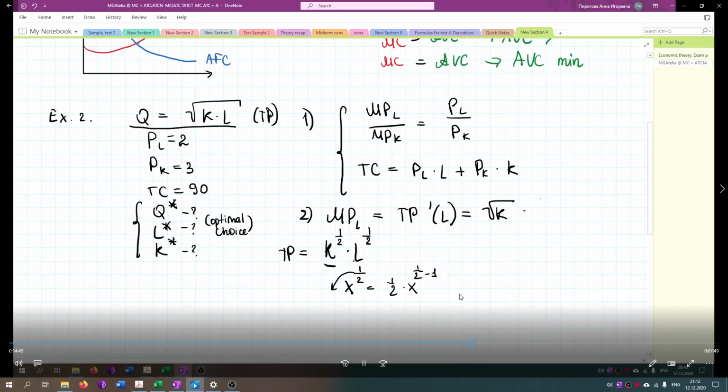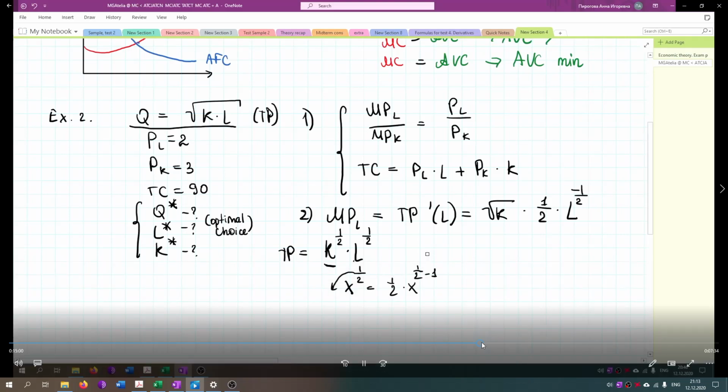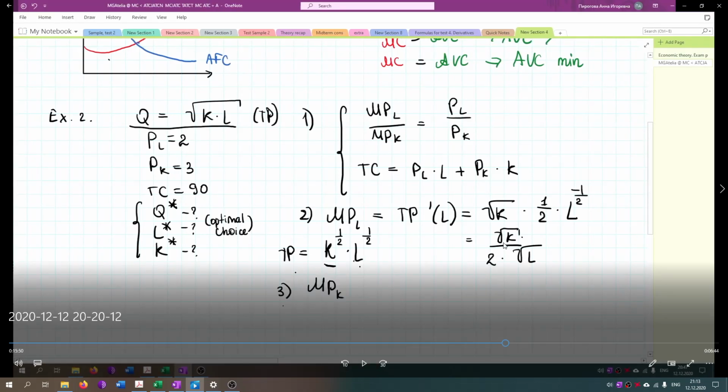In our case, it will be 1/2, and the labor will be to the power of minus 1/2, because 1/2 minus 1 is equal to minus 1/2. So after rewriting our marginal product of labor in a more convenient form, we receive square root of K divided by 2 multiplied by square root of labor.